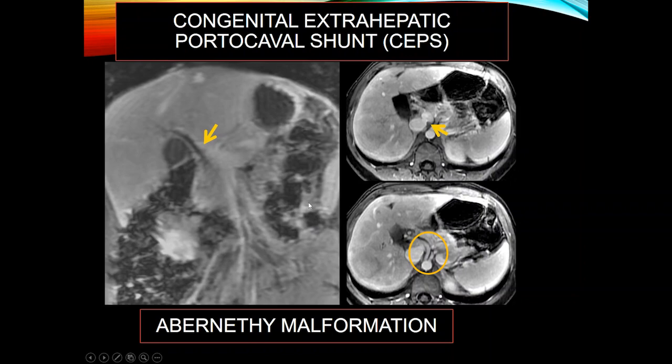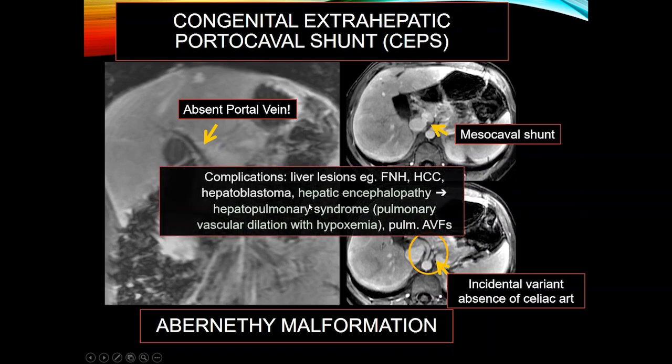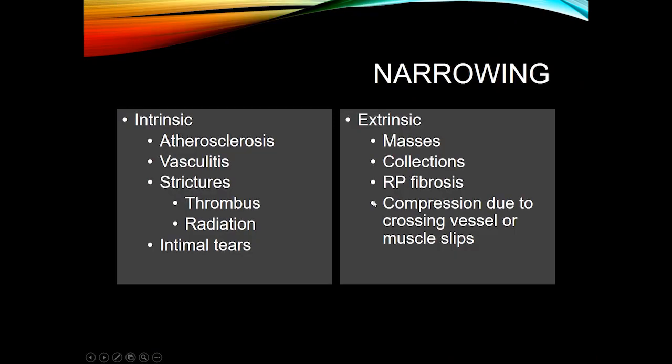So if you recognize this, there's high risk for the patient to have additional risks, including developing liver lesions such as focal nodular hyperplasia and HCC, as well as developing hepatic encephalopathy leading to hepatopulmonary syndrome. And so this has very important prognostic information in this variant.